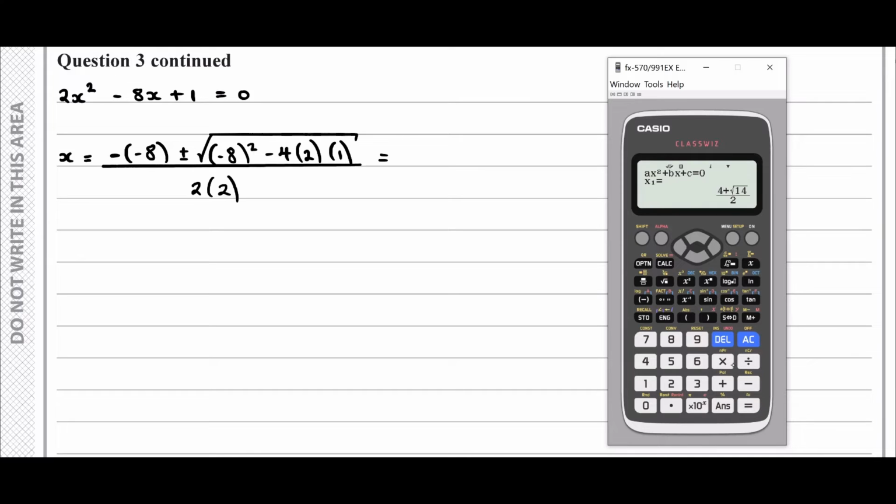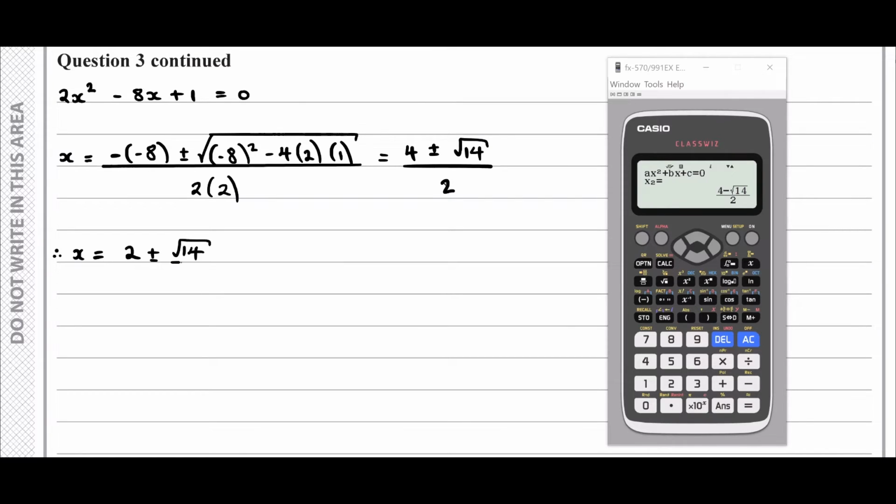We have 4 plus root 14 over 2 and 4 minus root 14 over 2. So we have 4 plus or minus root 14 over 2. And now that we know the value of x, let's rewrite that as 2 plus or minus root 14 over 2. So therefore x equals 2, the reason being 4 over 2 is 2, plus or minus root 14 over 2.